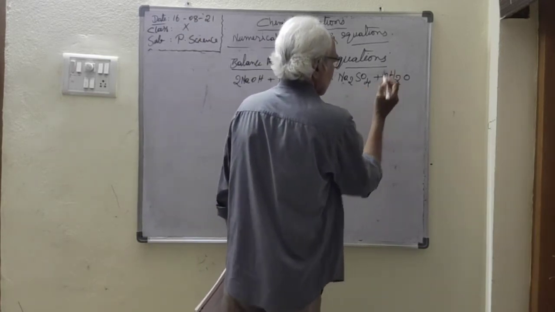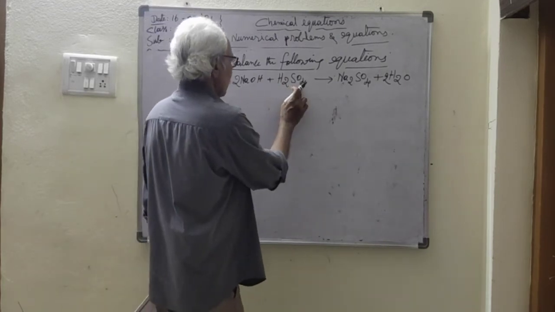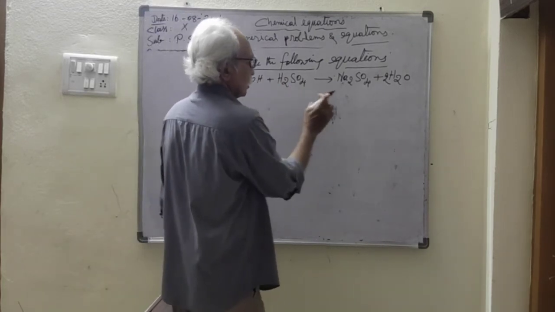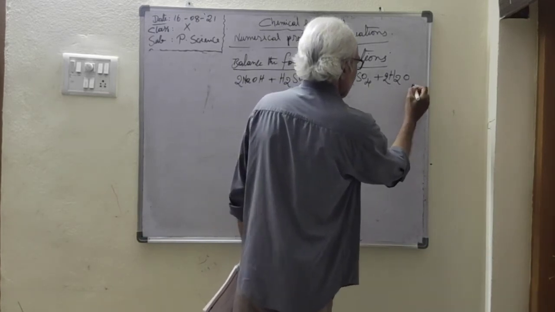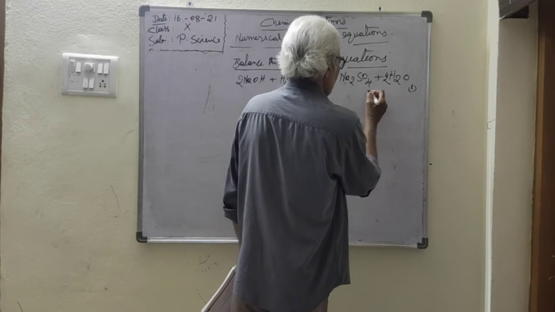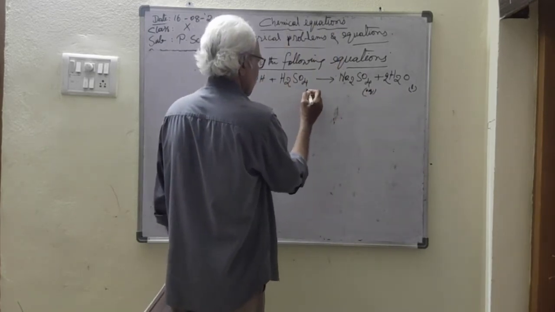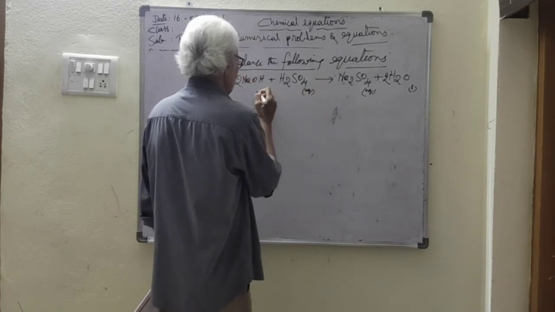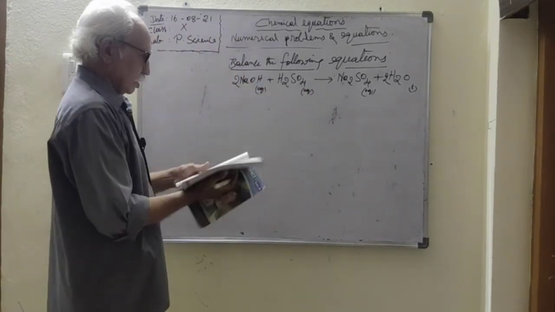Multiply with 2. Now you observe oxygen: 4 plus 2, 6. Now it is a balanced equation. Liquid, and here aqueous. So this is the answer, right?